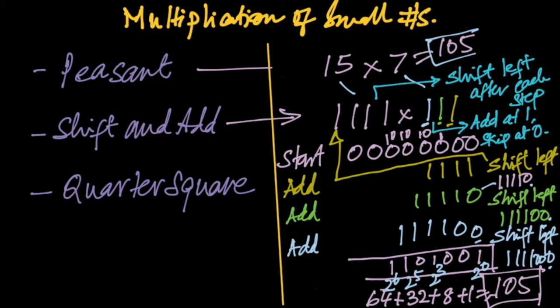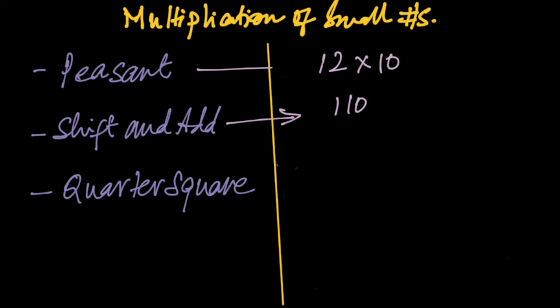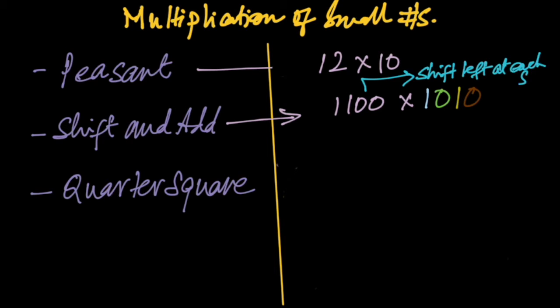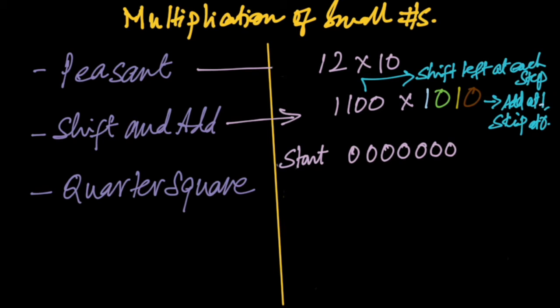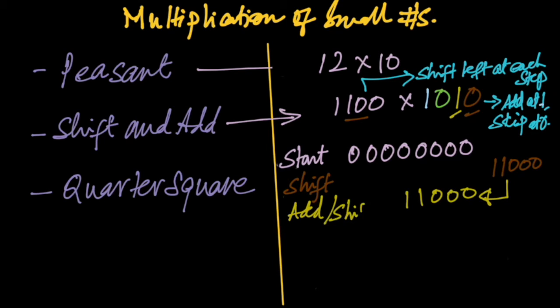Let's do one more example. Shift left at each step, add at 1 and skip at 0. So we start with 0. Then since it is 0, we only shift it by one place. So 1 1 and then 3 zeros. Then we get 1, so we add this and then shift it by one more place to the left, so one more 0 gets added here. And we repeat.